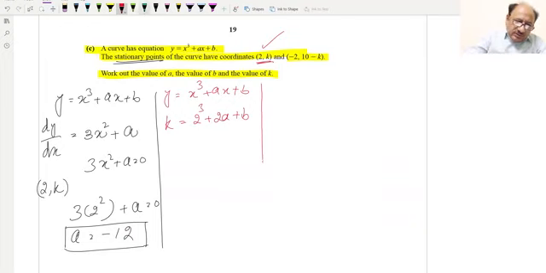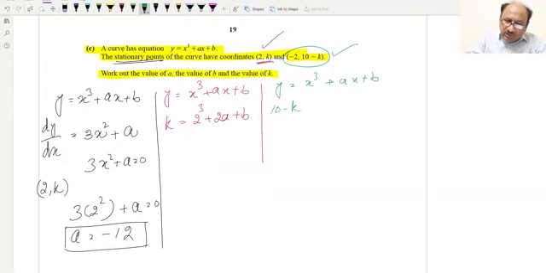Now what else we can do? We can take the second point also, and use the equation y is equal to x cubed plus ax plus b, replacing these x and y values. 10 minus k is equal to minus 2 cubed in brackets plus a into minus 2 plus b. So from this equation also we can write the k value.